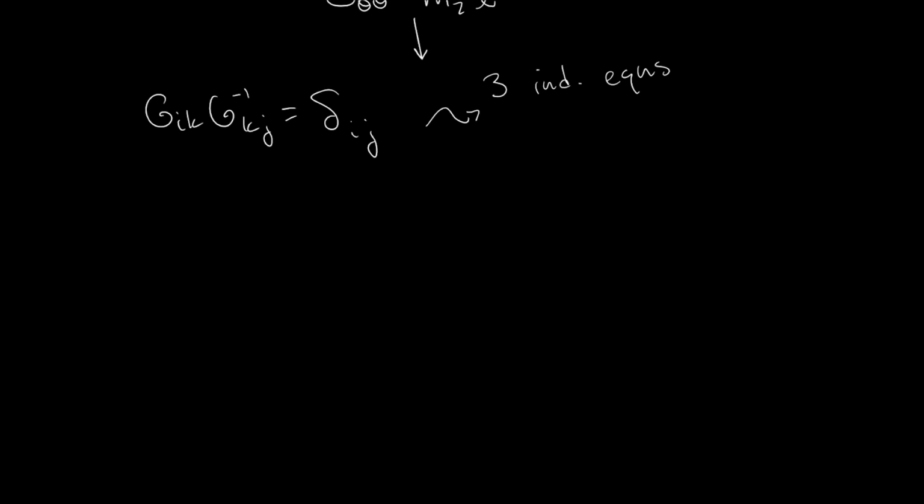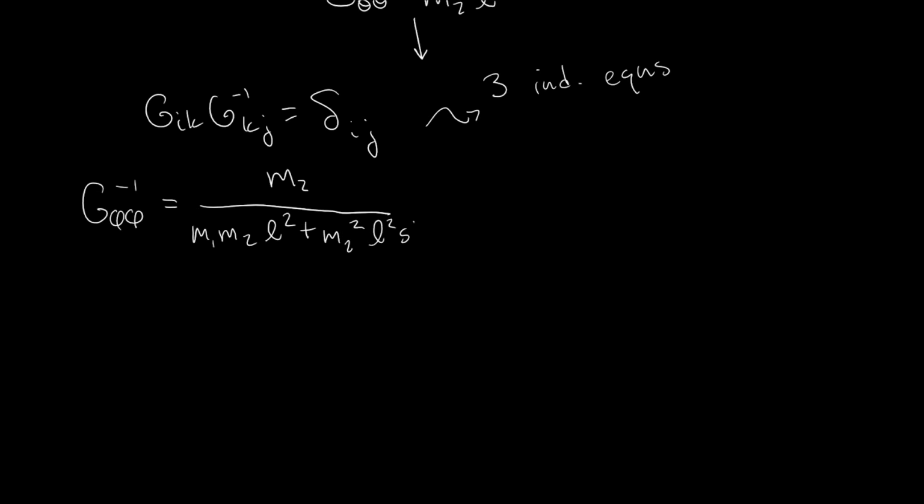When we do that, we get something that looks like G phi phi inverse is m2 over m1 m2 L squared plus, and I mean, this is absolutely horrendous, I'm warning you now, sine squared(theta minus phi).